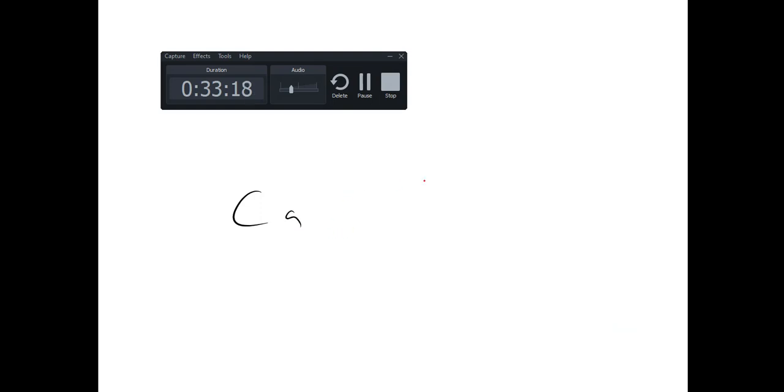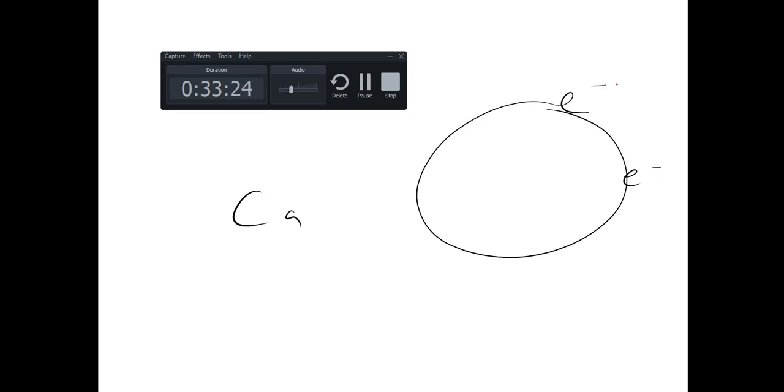So for calcium, its outermost electrons look like this. Its valence electrons look like this. And so I'd go ahead and draw the electron dot symbol like this. Now, we have multiple ways of drawing the electron dot symbol.